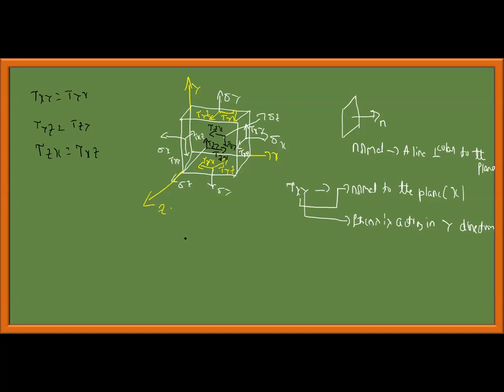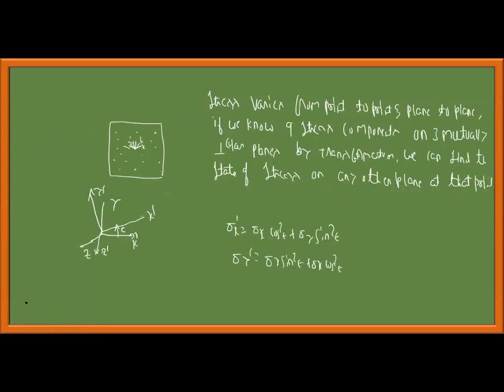Okay, now as I told you, there are 9 stress components required to solve the problem. But there are infinite points, and at each point the state of stress changes. At each point, I can pass infinite planes, and the stresses vary on each plane.